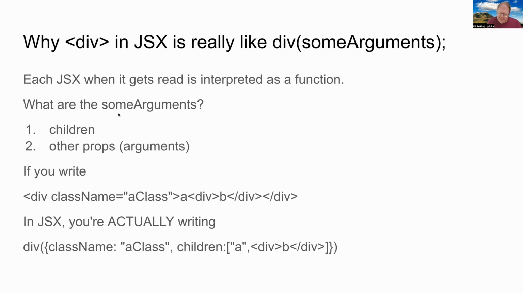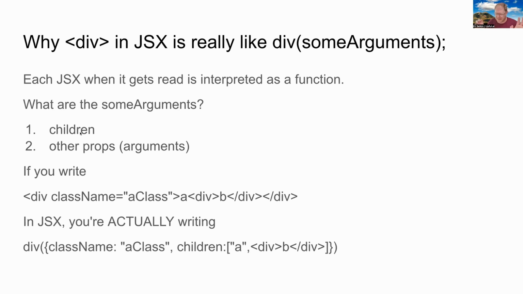So each JSX element, when it gets read, it gets interpreted like a function. You don't see it like a function, but it gets called like a function. And there are these some arguments, and really what you get in some arguments are a couple of different values.